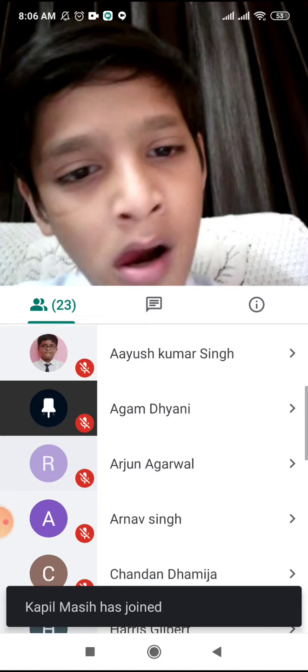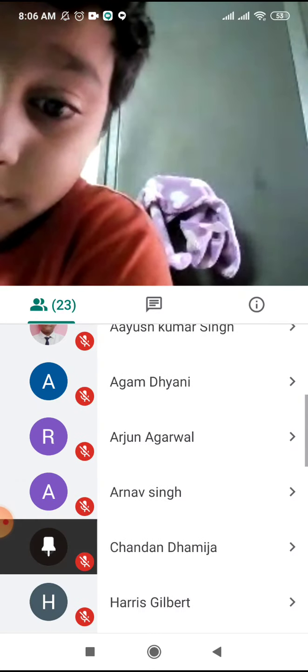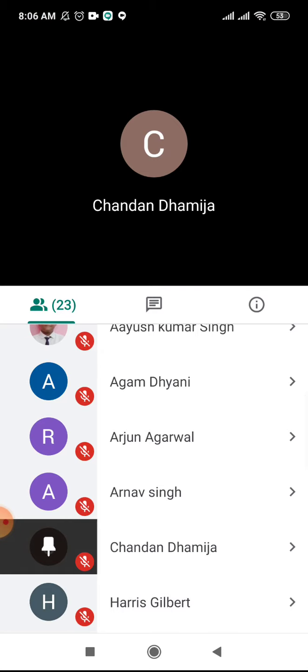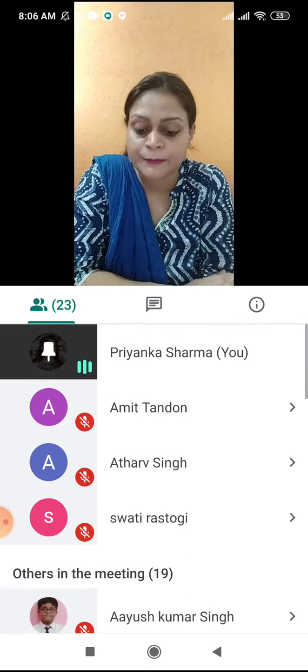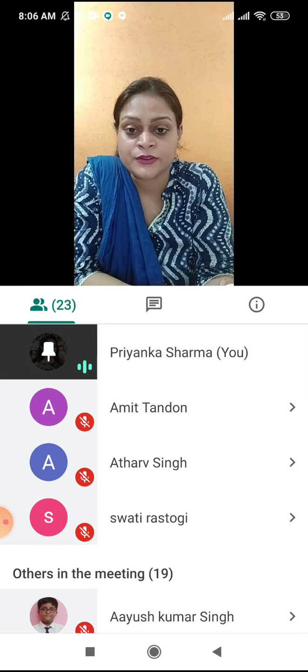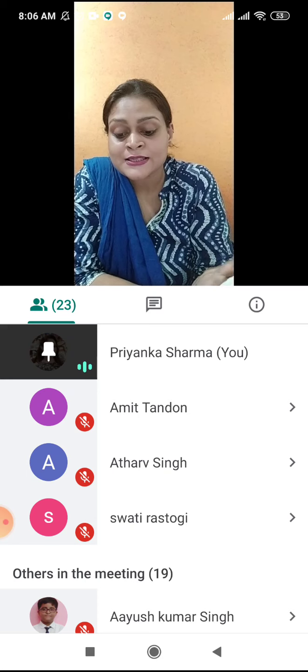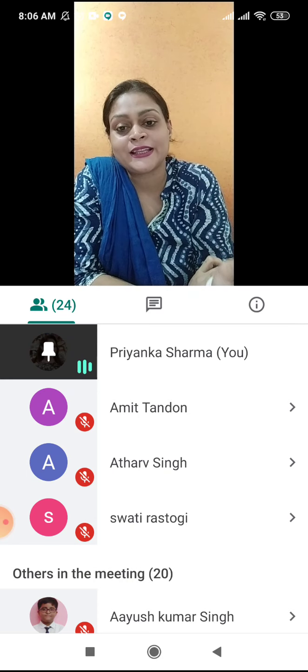What is the difference between different types of levers? In some levers, the fulcrum is at the center. In some levers, the fulcrum is at the corner. And in some levers, the fulcrum is at the end. So we are going to study about different classes of levers. First class levers are the levers, as I told you, where the fulcrum is at the center.